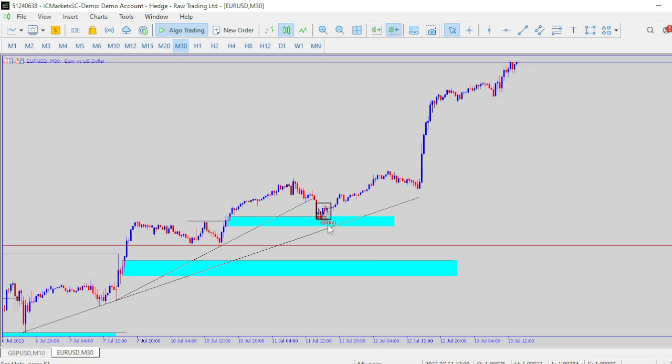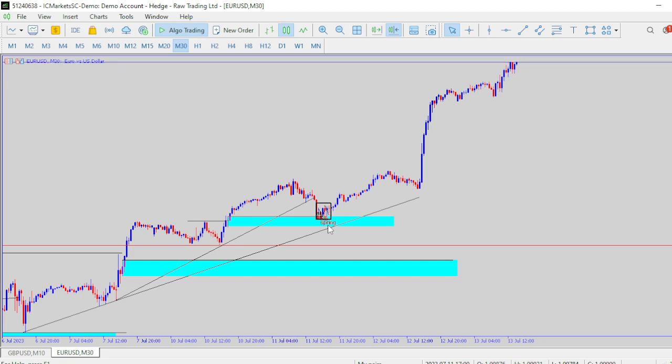You see, I do not trade counter internal structure. I take pro-trend internal structure. It can be a 1-hour internal structure. It depends if that internal structure is a bigger structure or a smaller structure.